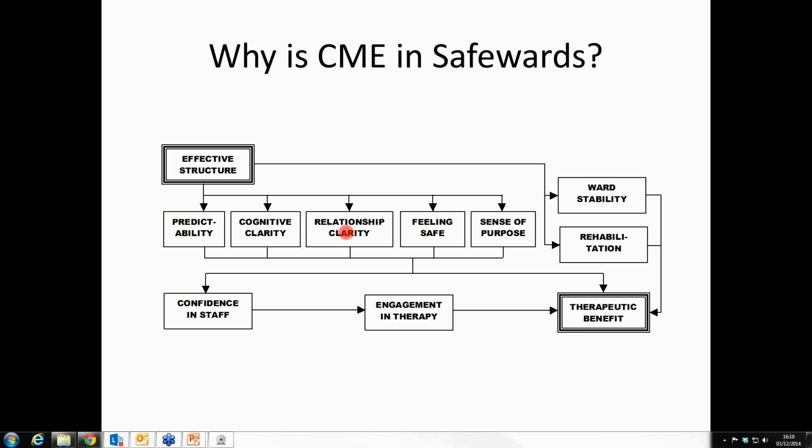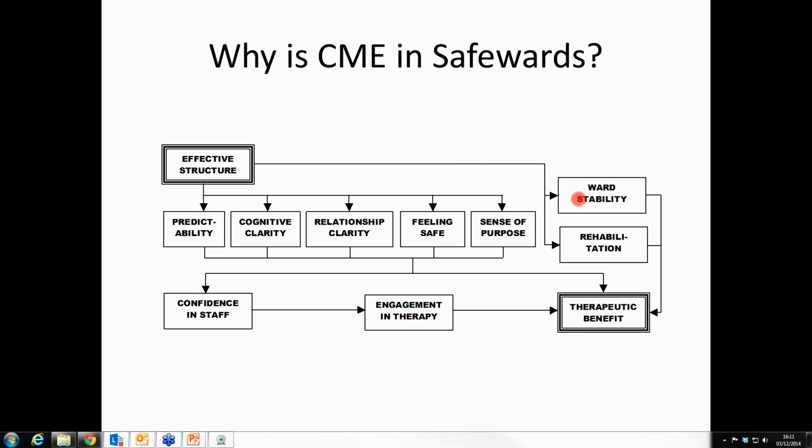It makes the relationships between staff and patients very clear, especially that structure around the ideology and purpose of the ward and what everybody is there for. It makes patients feel much more safe because they know what's likely to happen, and it gives patients a sense of predictability. All of that builds confidence on the part of patients, builds confidence in the staff, and builds their engagement with whatever treatment and therapy is operating on the ward.